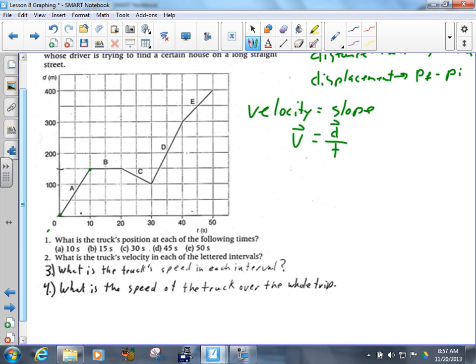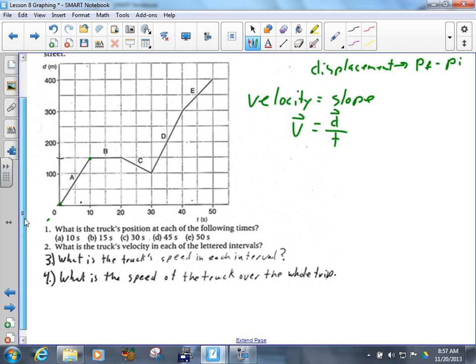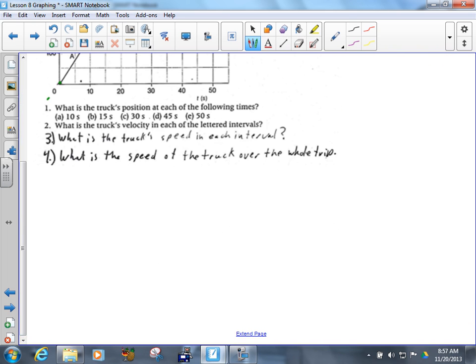Okay, so I've got this end point here and this point here. I'm going to use those as my grid intersections because they're the only two on that section of line. So I will have 10 minus 0 and 150 minus 0. So 150 over 10 is 15. 15 meters per second.